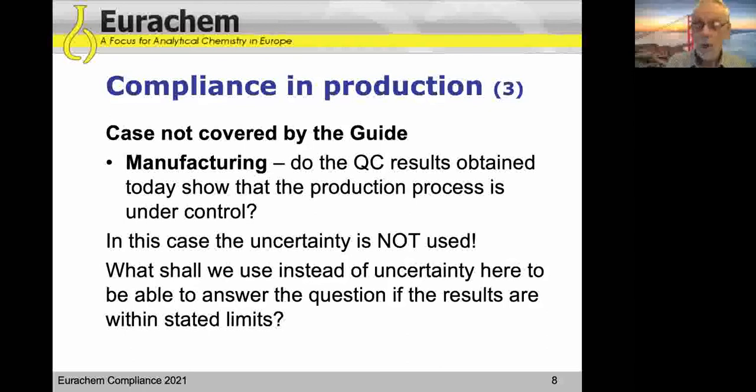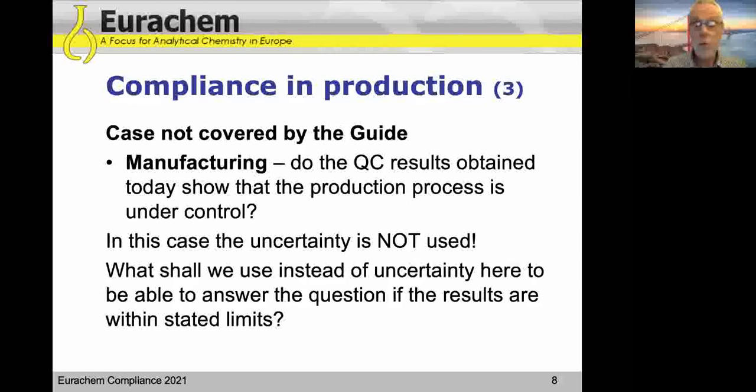In the guide, we have cases that we do not cover, and this is manufacturing. Because if you work in a process and you have to decide from the quality control results obtained today that the production process is or is not under control, in this case, we shall not look at the uncertainty.